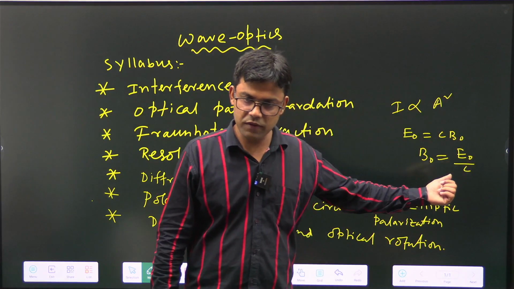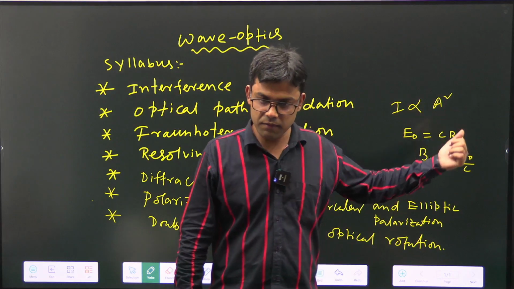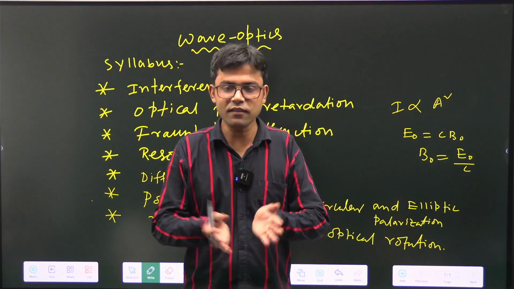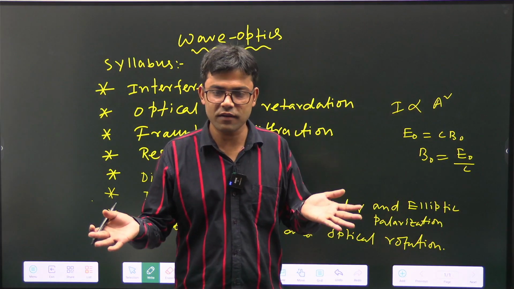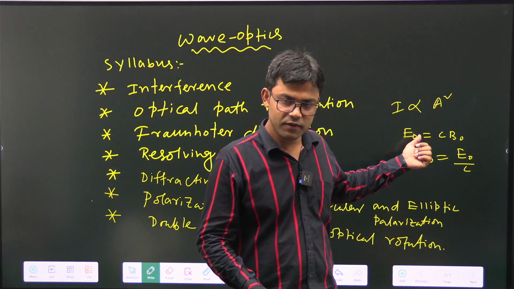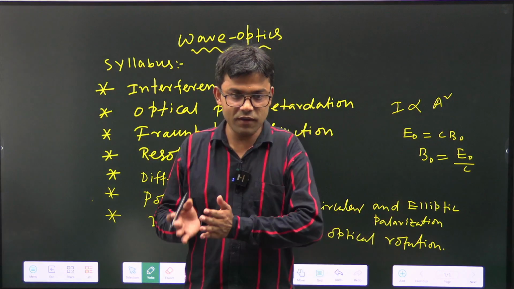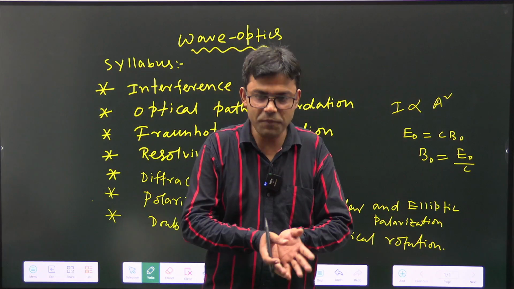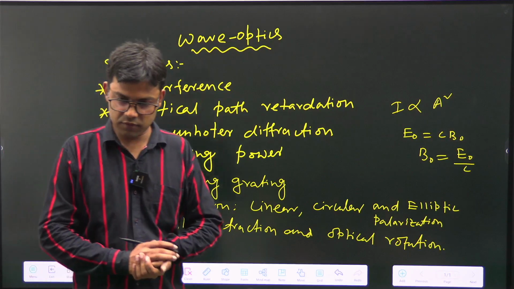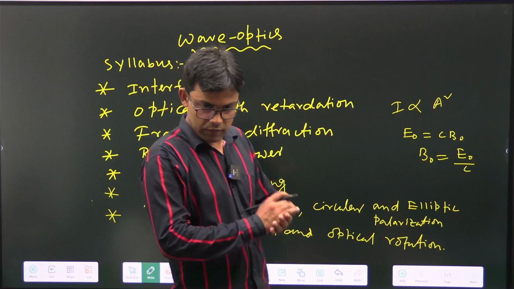Can you imagine? 1/c, with c the speed of light, is of the order of 10^-8 times the amplitude of the electric field. So the contribution to intensity in an EM wave arises majorly from the electric field. That's why in polarization especially we deal with the electric field. Do you get what I am trying to say? We'll discuss all these topics, and this topic is very, very important to get a good rank.